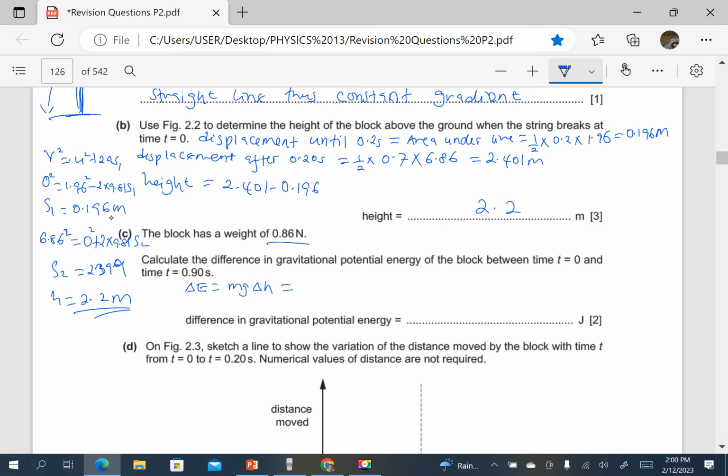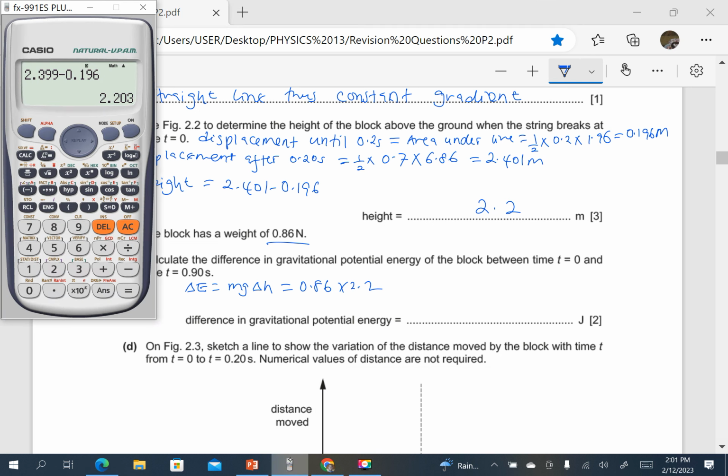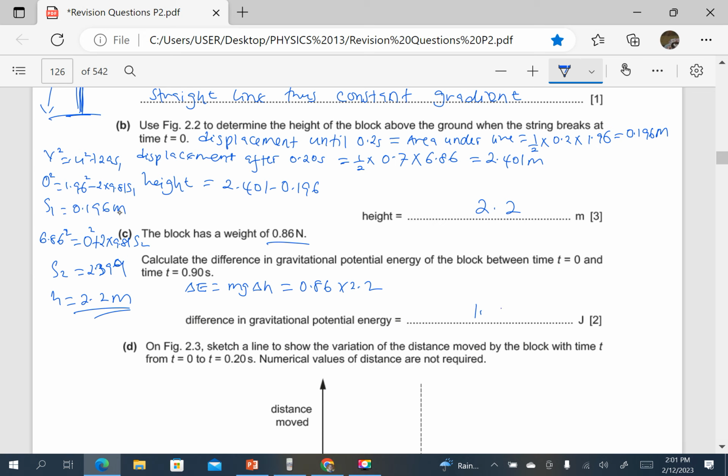Since mg is the weight, this will be 0.86. The difference in height is simply the height that we have calculated above, 2.2. So this will be 0.86 times 2.2, which is 1.889 or 1.9.